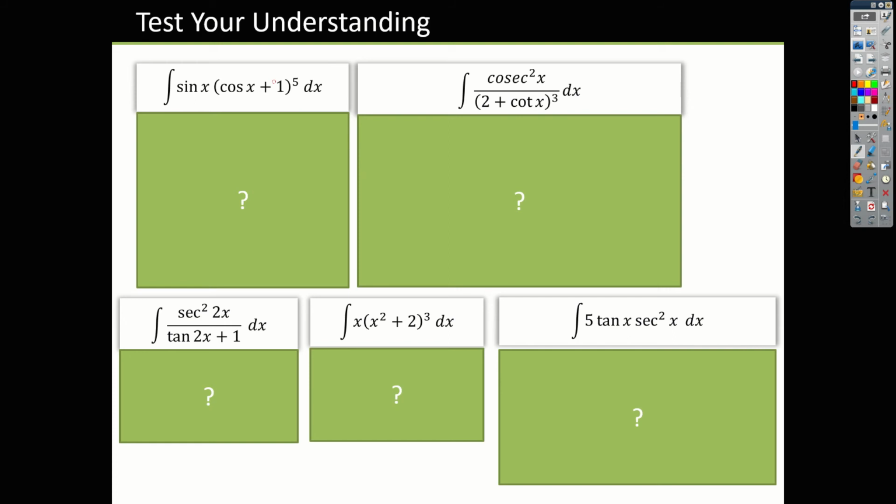So before this entire thing has been differentiated, we reckon it's probably something like cos x plus 1 to the power of 6. The reason for that is because when you apply the chain rule to this, the 6 will come in front, it will knock down to a 5, which matches this 5, and then out of the bracket is going to come minus sine x, which is going to match closely to the sine x that's already there.